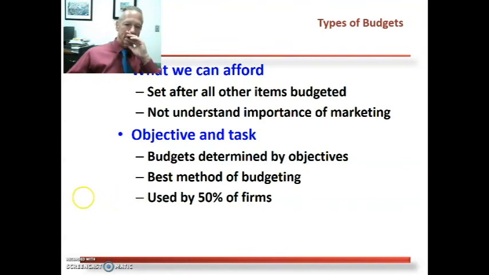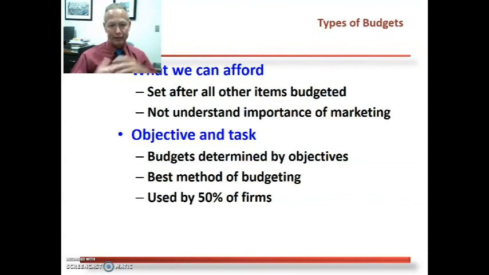And then also objective and task. Sometimes the budget is determined by objective. If you really want to drive sales in a particular time, say for Christmas, then you're going to heavily advertise around Christmas. Apple spends the majority of its budget in advertising starting from September all the way to about December the 20th. Why?